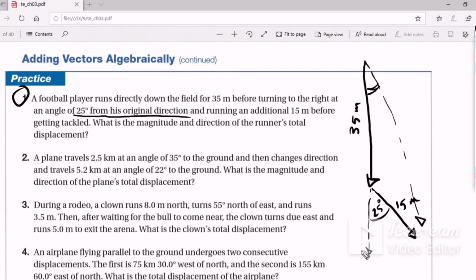Now let's use the same way to answer this question. As I told you before, we will find each component for each one. Of course this one has no components, because here we don't have an angle, we don't have any cosine and sine.